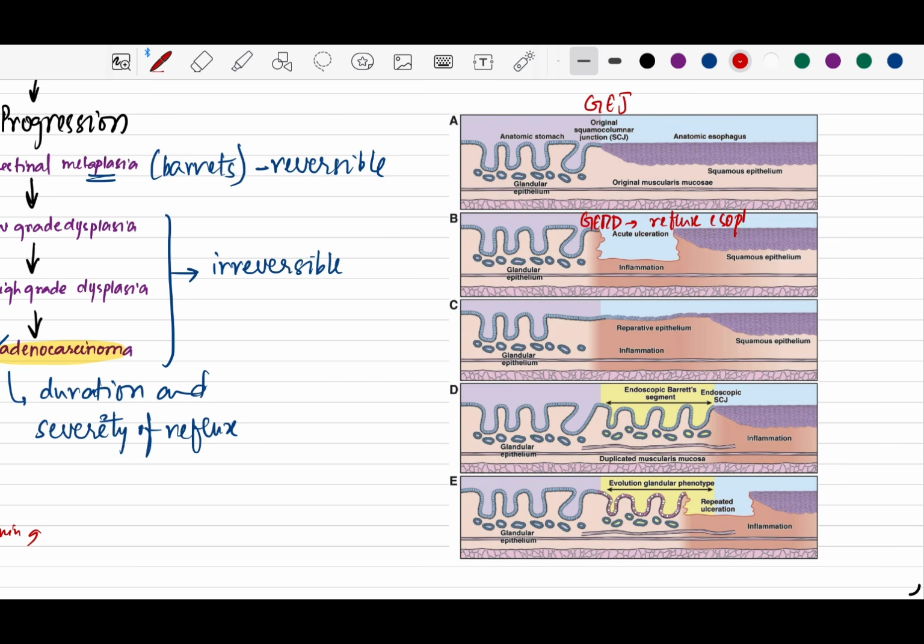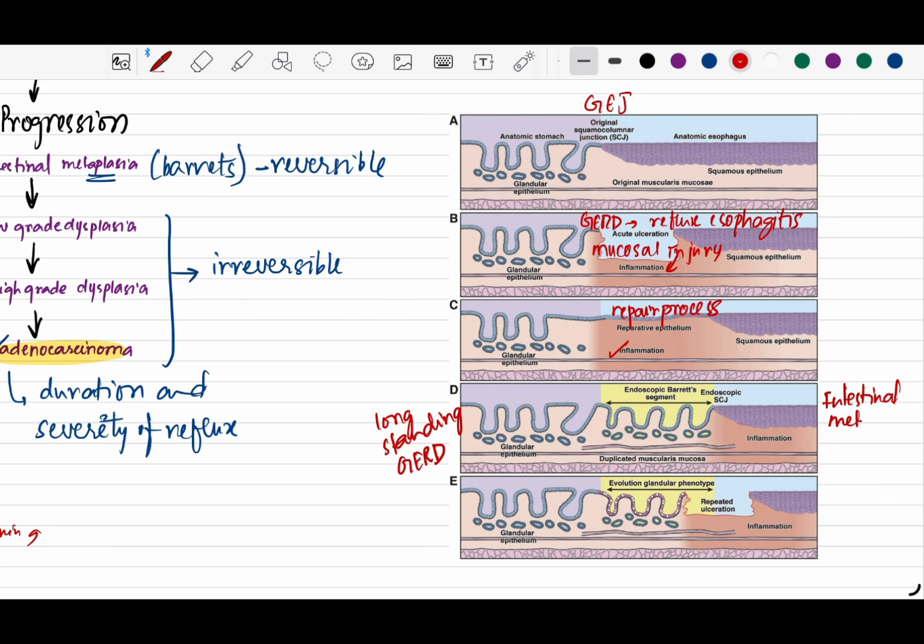And reflux esophagitis is when mucosal injury, you can see that there is a mucosal break, a mucosal injury, and this leads to activation of the inflammatory cascade. With time, when the inflammation subsides, it leads to the repair process. However, in cases of long-standing GERD, we can see that there is going to be transformation of the epithelium, which was known as intestinal metaplasia.